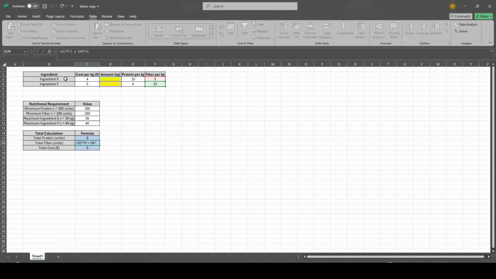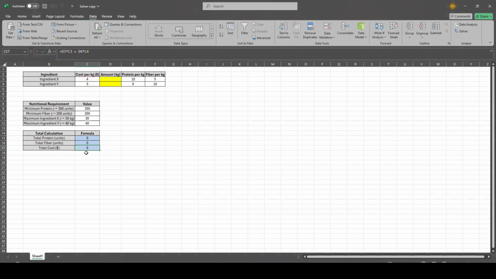Again, the respective amounts for ingredient X and Y are multiplied by their fiber per kg to get the total fiber in the drink. And the total cost is cost per kg for ingredient X times the amount in kg for ingredient X, and similarly the cost per kg of ingredient Y times the amount in kg for ingredient Y, both added to get the total cost.